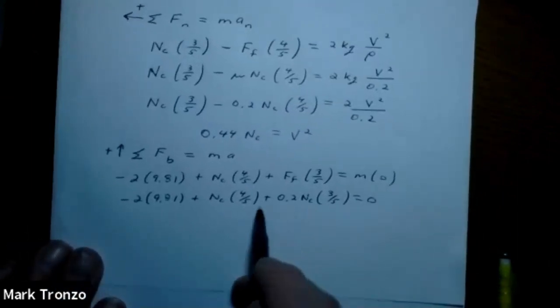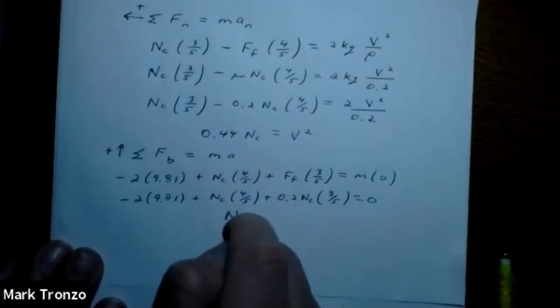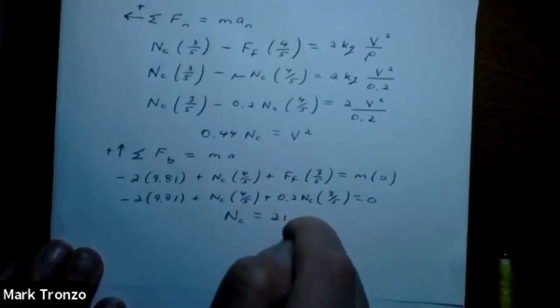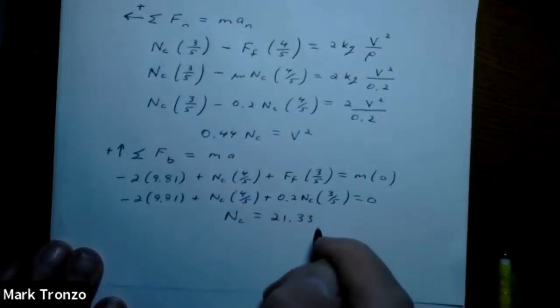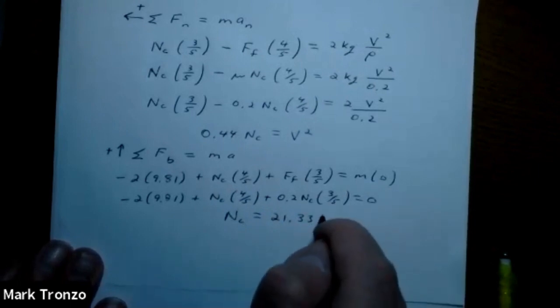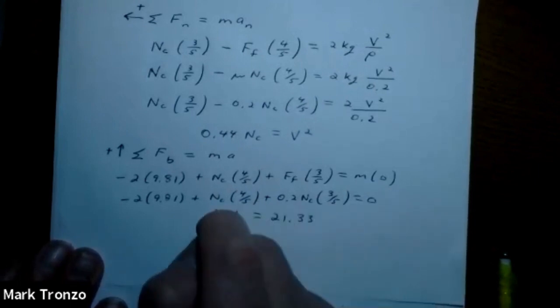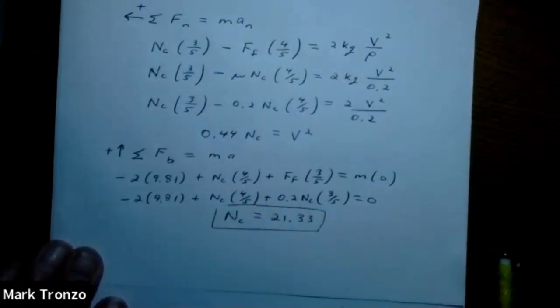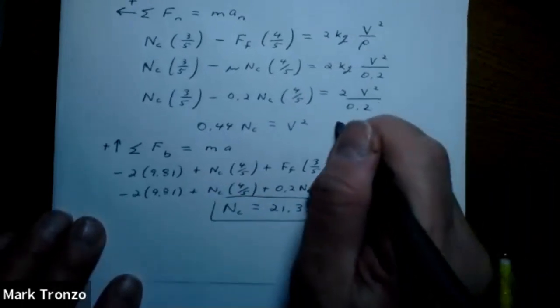And actually, from this one, we can solve for NC, can't we? So that's going to be 21.33. I guess that's going to end up being newtons. And so we can then put that into our other equation.